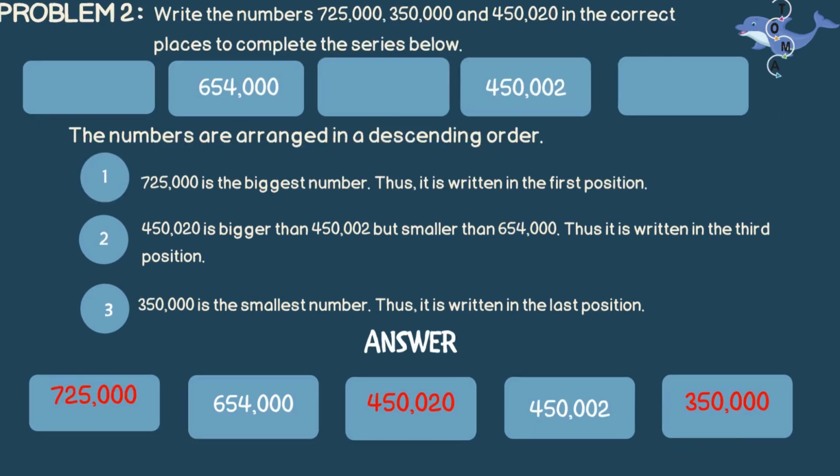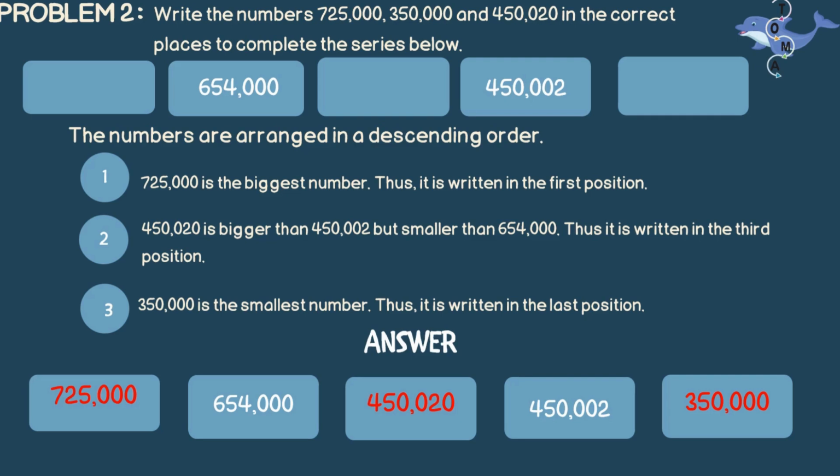Right now we have another problem, number 2. Write the numbers, these two numbers, no, these are three numbers: 725,000, 350,000, 450,000 and 20. So these are the numbers we are going to write down in the correct place to complete the series.